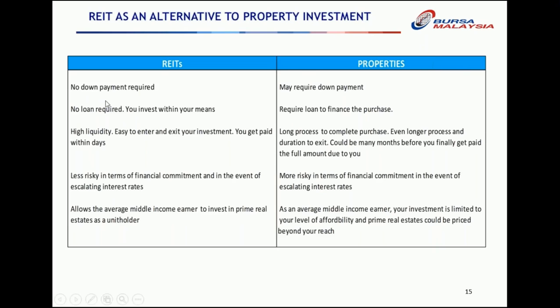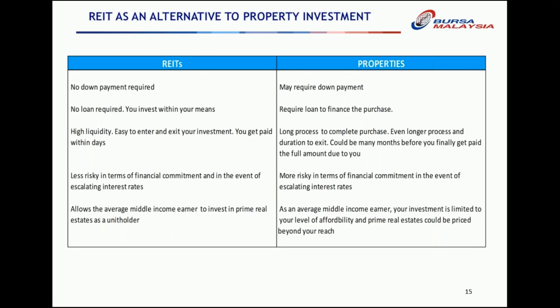Now, the other thing is that REITs allow the average middle income earner to invest in prime real estates as a unit holder. As an average middle income earner, your investment is limited to your level of affordability, and prime real estates could be priced beyond your reach. So, on one hand, REITs will allow you to have a stake in a prime real estate.